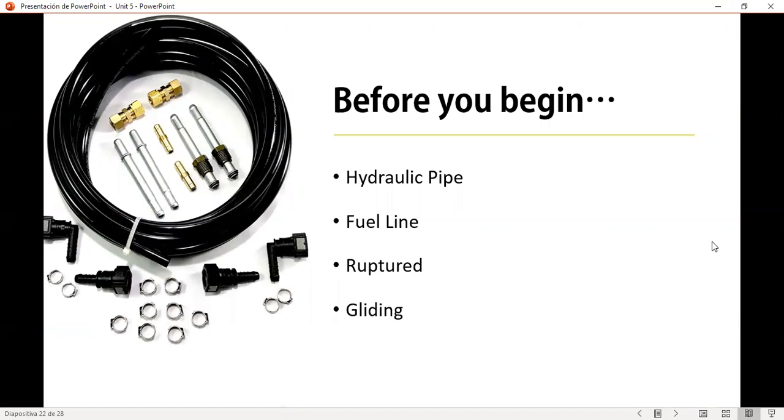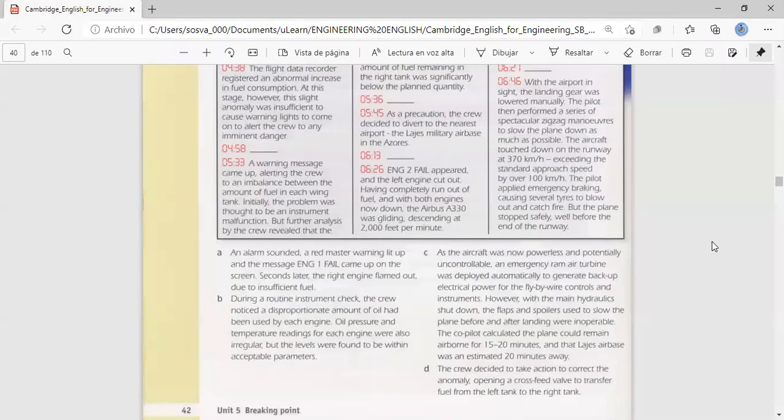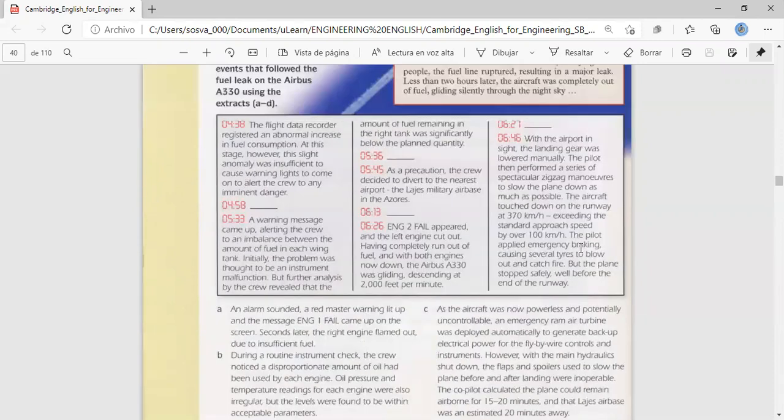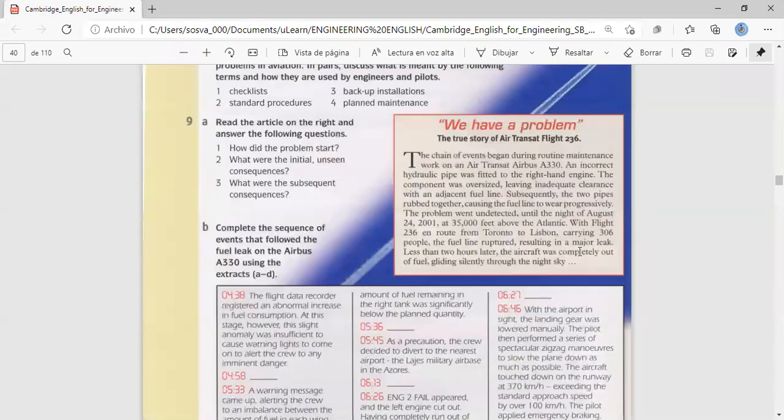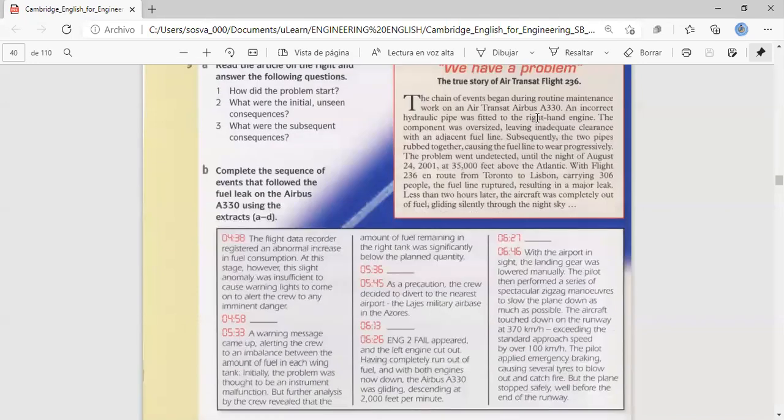So in our book, page 42, we have the exercise about an Airbus A330. You might remember the problem is in this little article on the right side. It says the true story of the Air Transat Flight 236, the Airbus 330, and that an incorrect hydraulic pipe was fitted to the right-hand engine. It asks what were the initial unseen consequences?